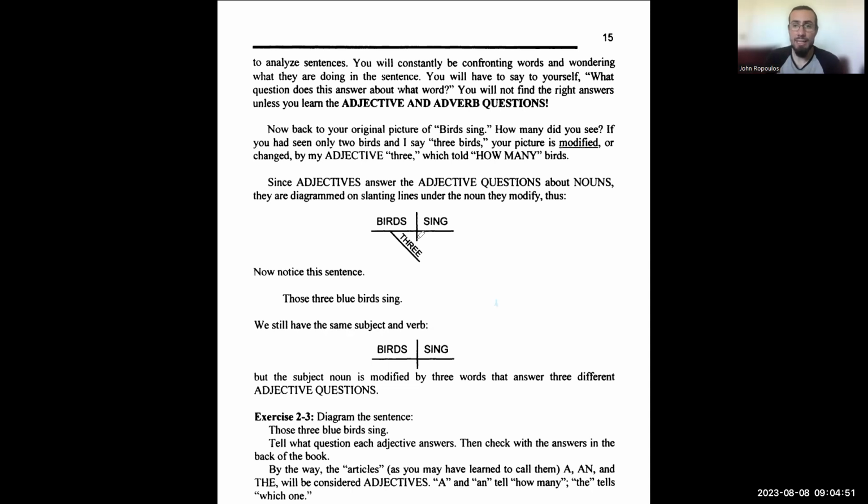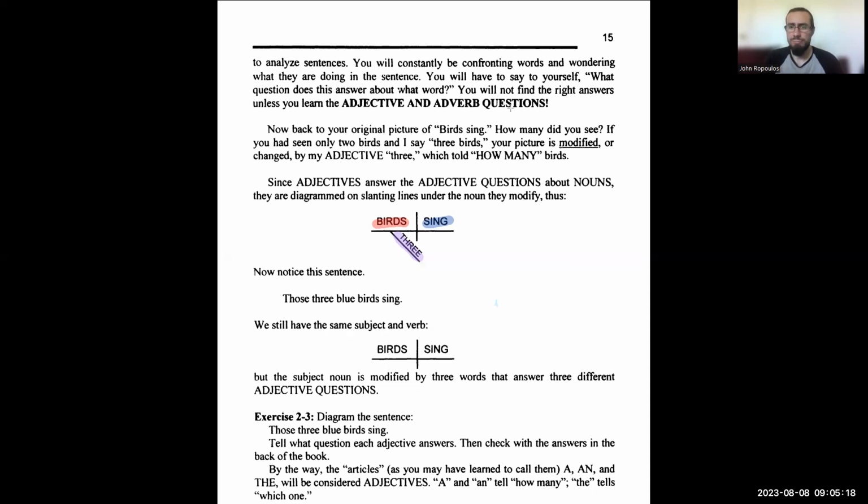Now, if I use an adjective like 3, I'm going to diagram it under birds. So you have your subject, birds, and then you have the main verb, sing, and then we have 3 that goes under it. So all of the adjectives, all of the adverbs are just going to go under the things they modify.